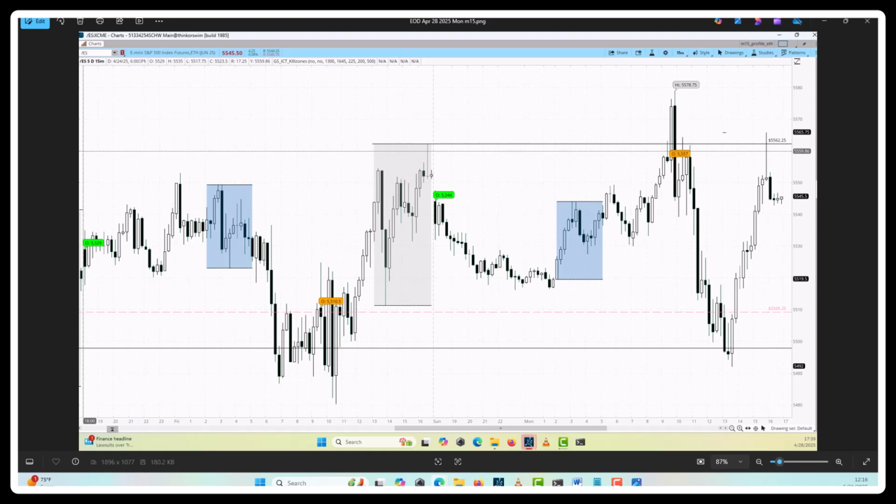And we give credit to ICT, he termed the Judas swing right there. He gave the name Judas swing, basically the idea of liquidity sweep. And if you look online, a lot of guys are talking about liquidity sweep. The idea is that we only engage or take an entry when we see the liquidity sweep, otherwise do not trade.